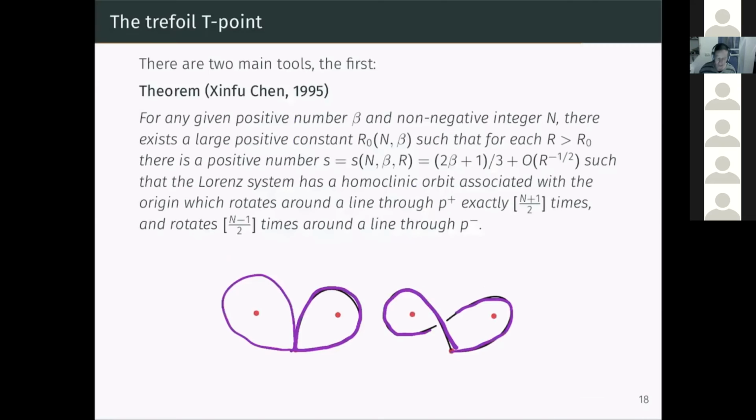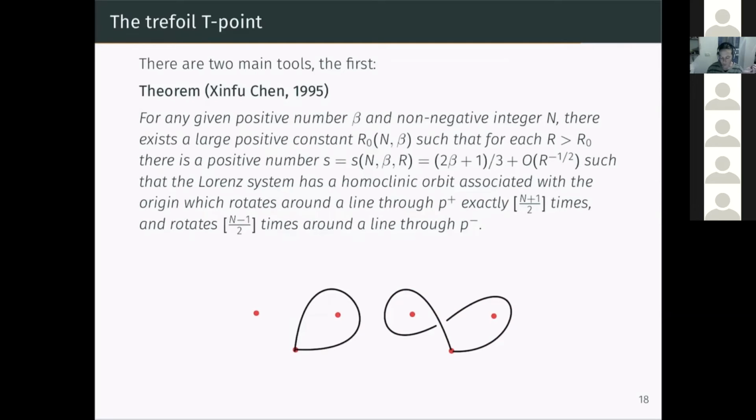Okay. What I'm going to claim is that because I have a domain that is simply connected, so any loop can be contracted, then between these two curves, the curve of the first homoclinic connection and the curve of the second, I can find a point where I have my trefoil connection.